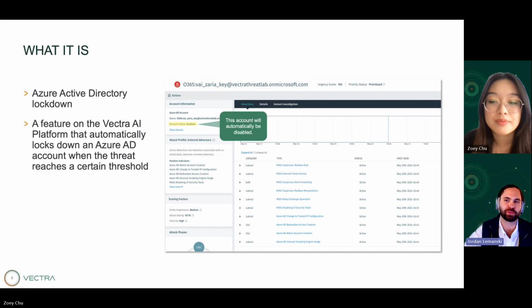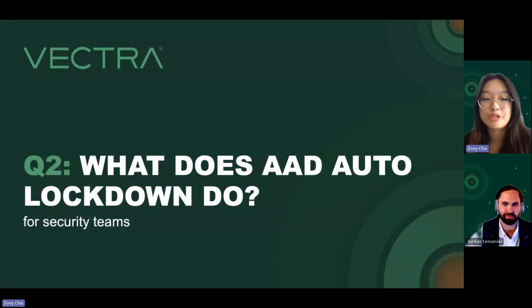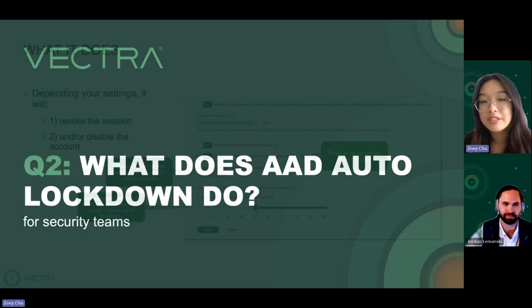When users enable this feature, they can configure different components of how an account is locked down, ensuring that when an account surpasses a couple thresholds, it automatically enters a lockdown state until it's manually re-enabled. At a high level, this allows for thorough investigation, ensuring that potential threats are investigated and actually responded to effectively.